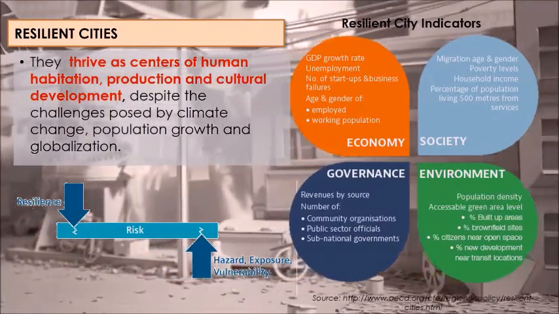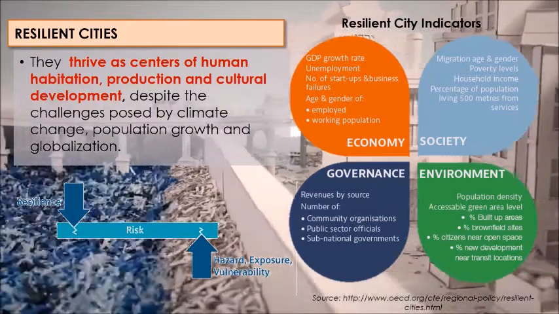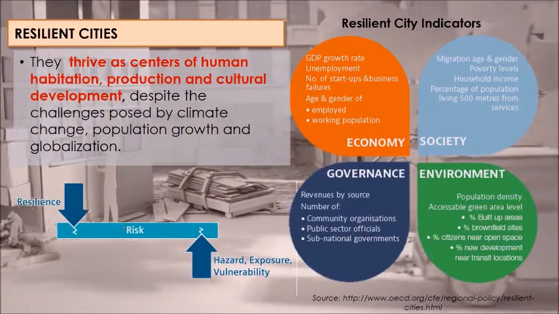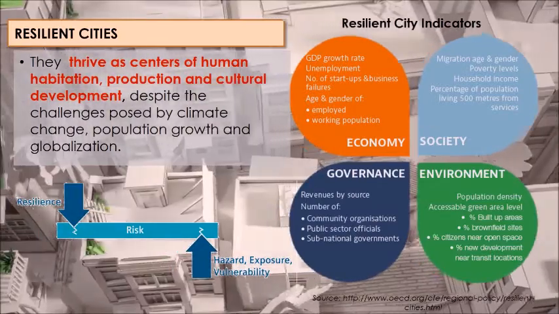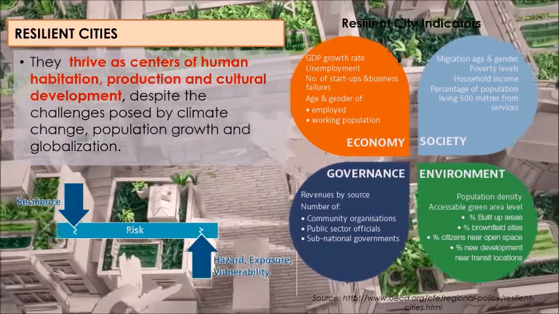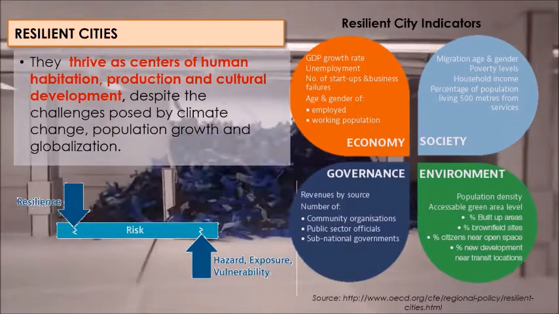As I said earlier, and you can see from this drawing, resilience and vulnerability are two sides of the coin. Resilient city indicators can be divided into four: economic indicators, and indicators pertaining to society, environment and governance. In this drawing, the various indicators are given.